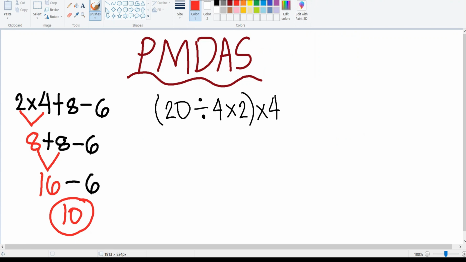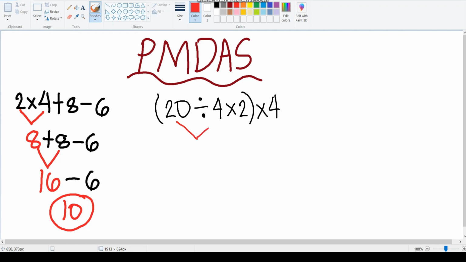Okay, but there is a special rule that if in the given expression the division and multiplication are present, therefore you have to solve starting from left to right. So you have to solve from left to right. Now in the parenthesis, we will solve first the 20 divided by 4, and that is 5.